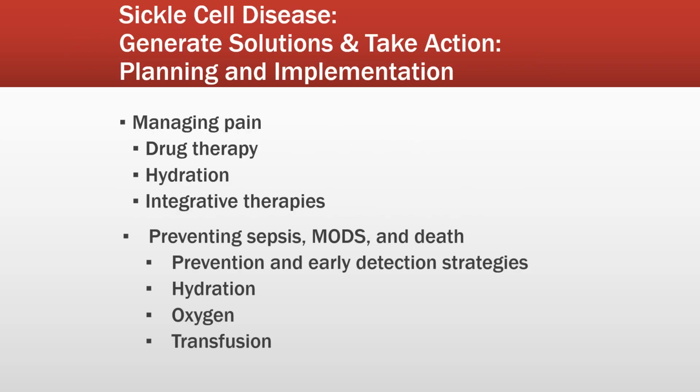Those are the two priorities that we looked at in the previous slide. Remember pain. Pain is one of the priorities that as nurses we're going to need to manage. So how do we manage pain? Well, there are different ways in which we could manage the pain. One is definitely drug therapy, and these can be IV analgesics that can be given IV push or through a PCA.